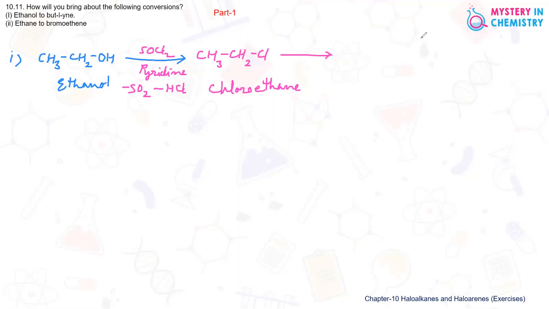Then this should be converted to the final product, and for that it should be treated with a sodium salt, and this sodium salt is actually sodium acetylide, HC triple bond C minus Na plus.